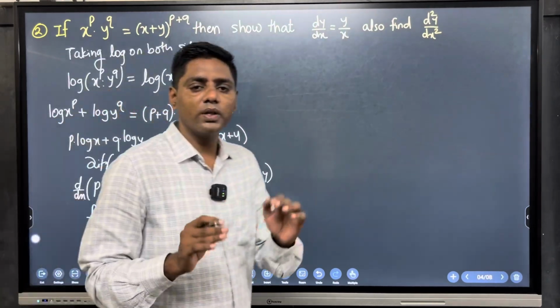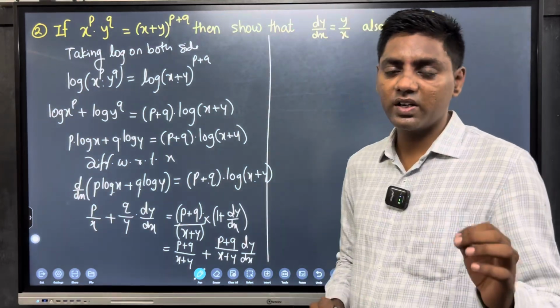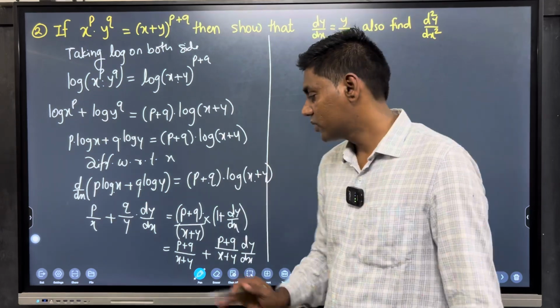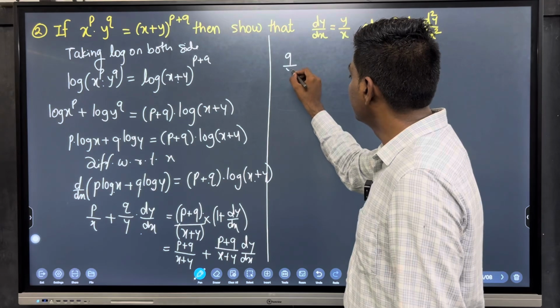And after that, simple, I already told you, after taking the derivative of an implicit function, just write dy by dx terms on the left hand side and non dy by dx terms on the right hand side. So here, this is the dy by dx term as it is, so q divided by y into dy by dx as it is.